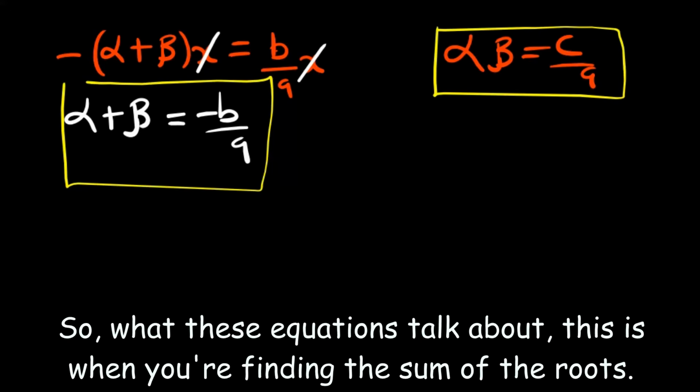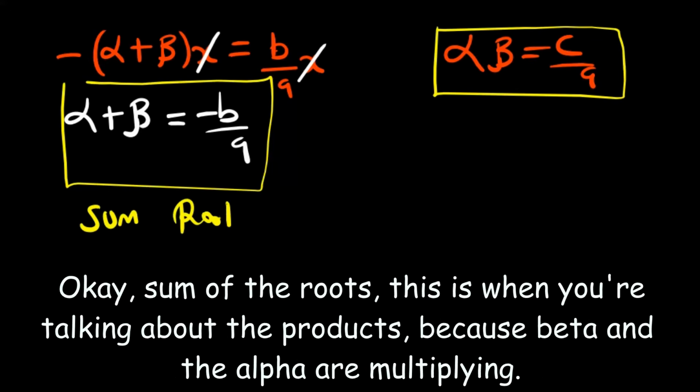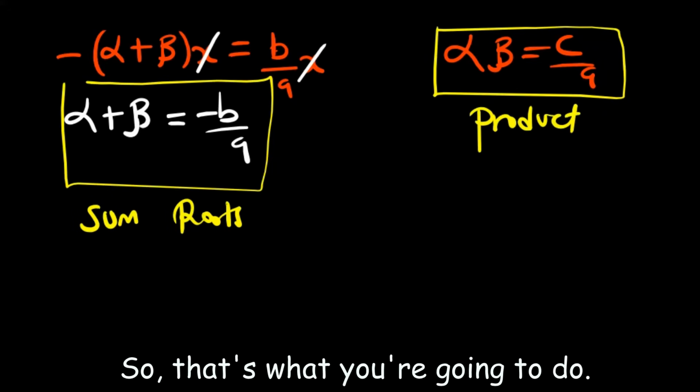What these equations talk about: this is when you're finding the sum of the roots. This one is the product, because alpha and beta are multiplying.